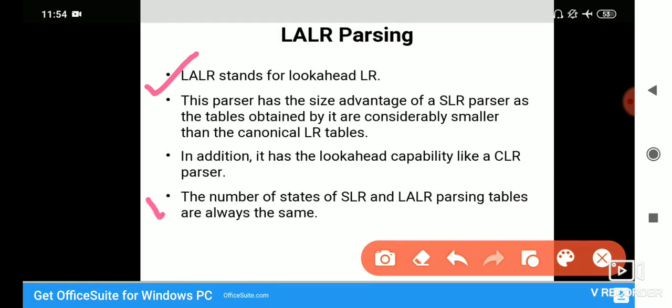As you can see in the last point, the number of states of SLR and LALR parsing tables are always the same. And if I compare it with CLR, you can see in the third point, it has the look ahead capability like a CLR parser. So LALR is a combination of both SLR as well as CLR.